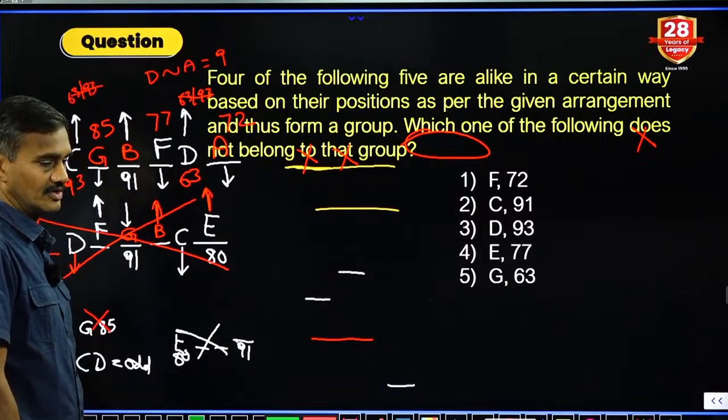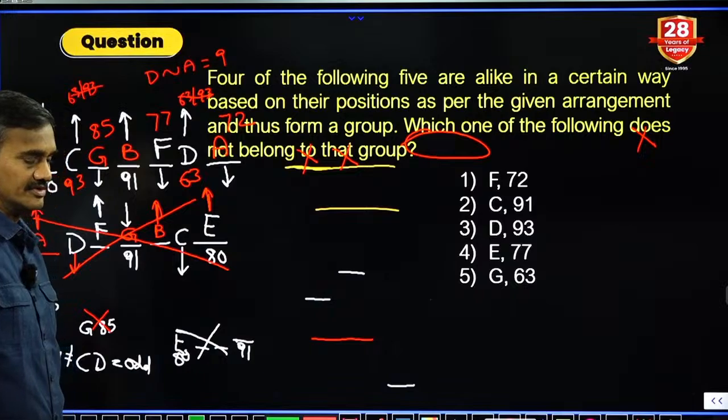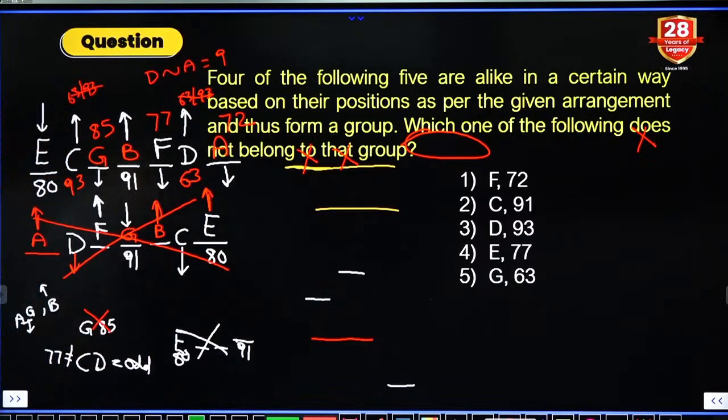4 out of the following is nothing but an odd one out. 4 out of the following 5 are alike in a certain way and hence form a group. Find the one which does not belong to that group.